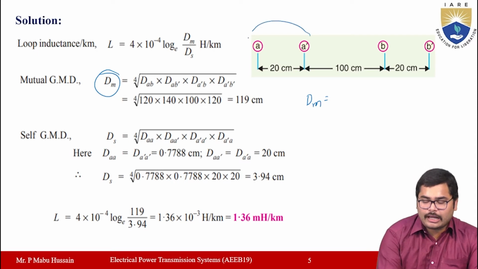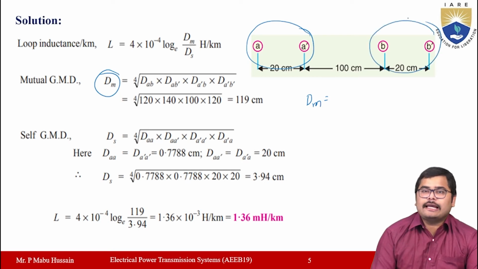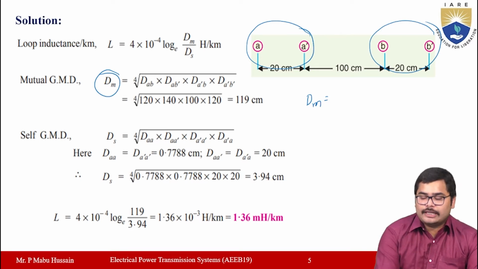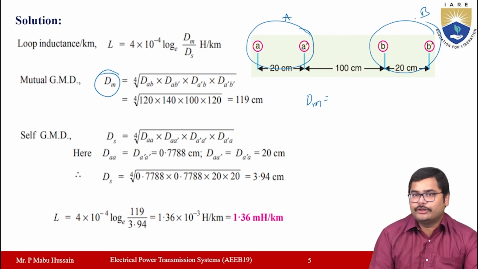Here this is one phase, and this is another phase. Each phase is having 2 subconductors, right? Now you have to take all the possible mutual distances from phase A to phase B, or line A to line B.